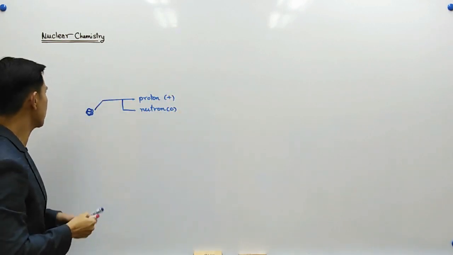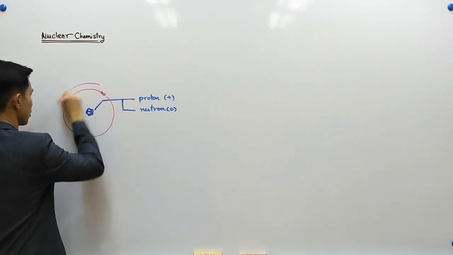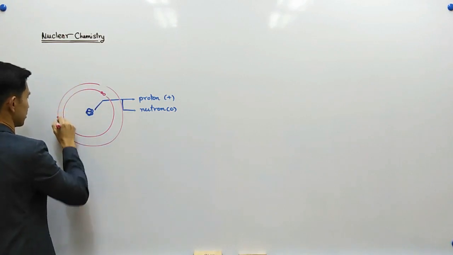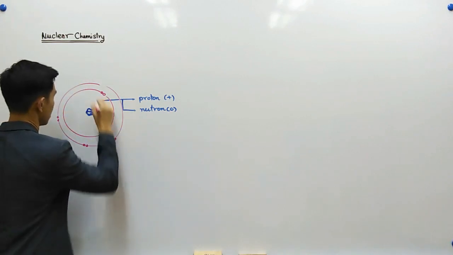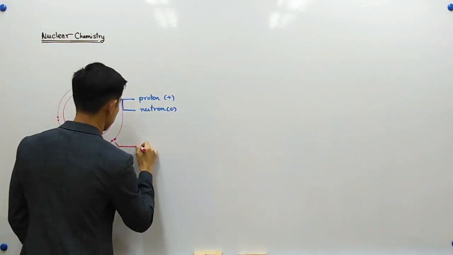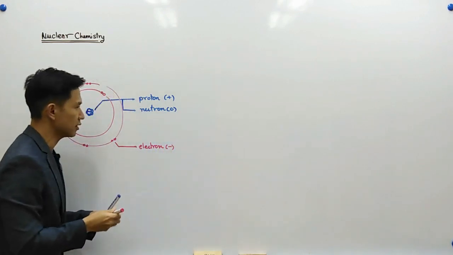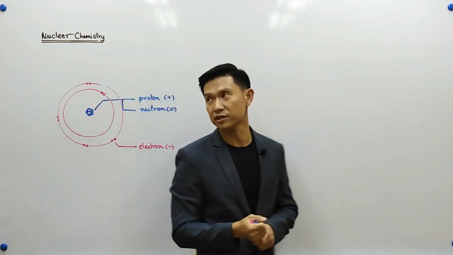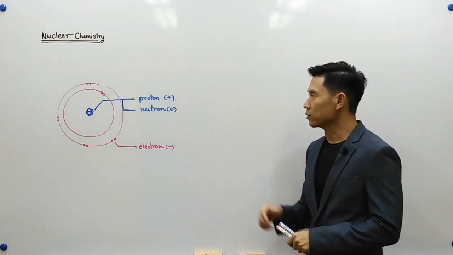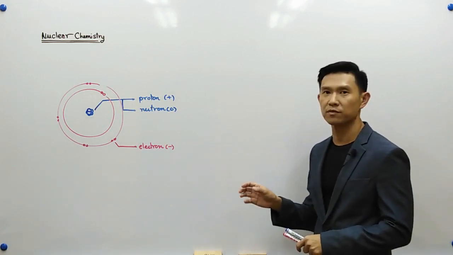And not only proton and neutron, we have electrons that orbit around the nucleus, like this. The electron here is negative, right? This charge is negative.